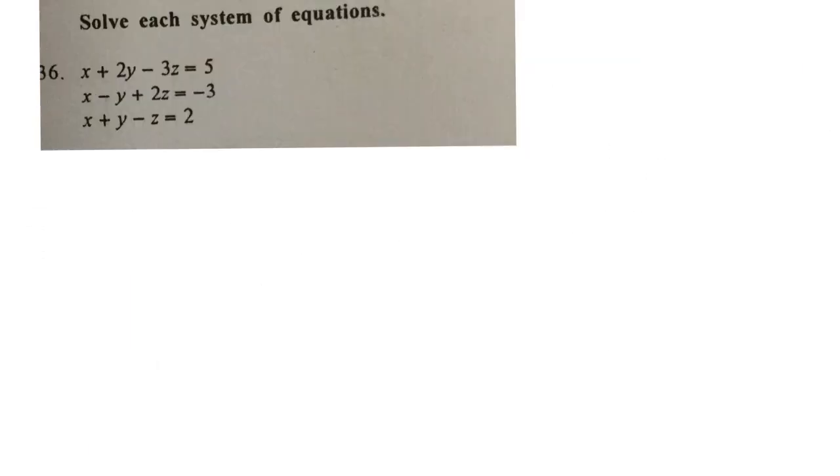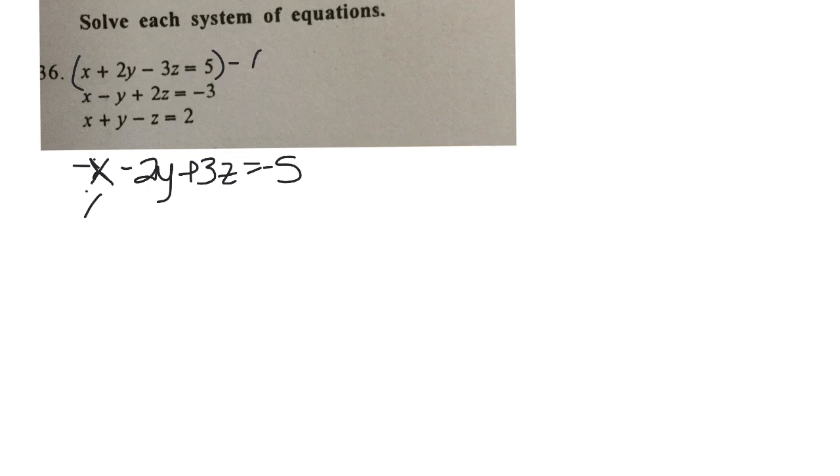Okay, so this system of equations, I have all x's with a coefficient of 1. So I'm going to use equations 1 and 2. I'll multiply equation 1 by a negative 1. So I get negative x minus 2y plus 3z equals negative 5.